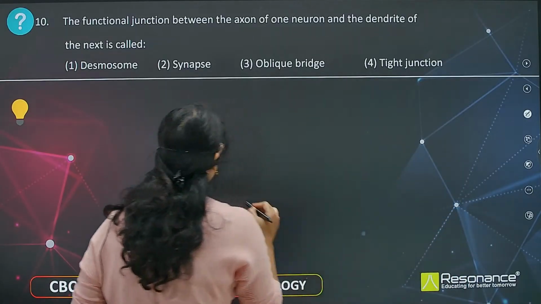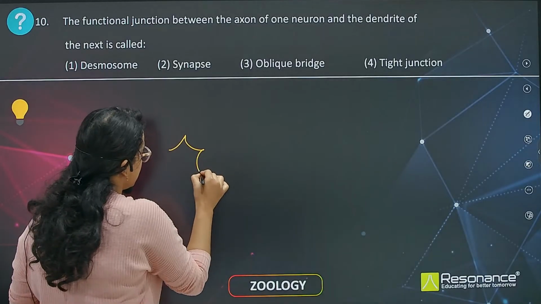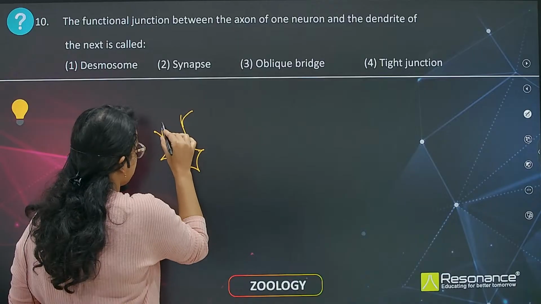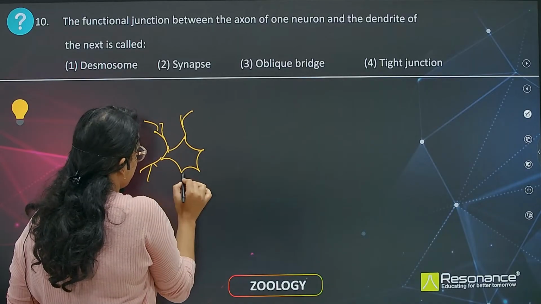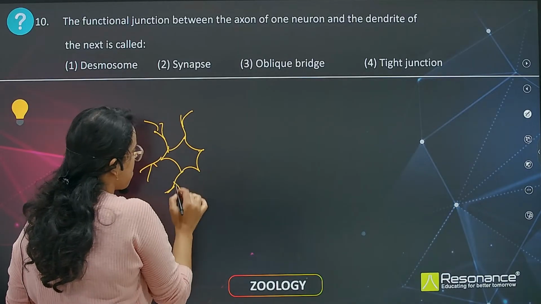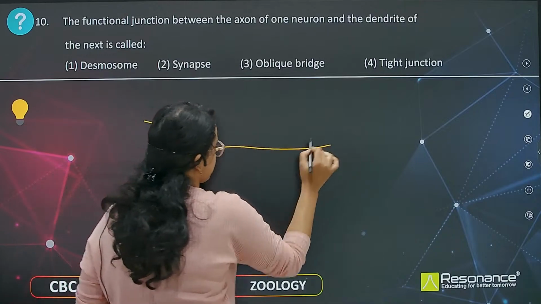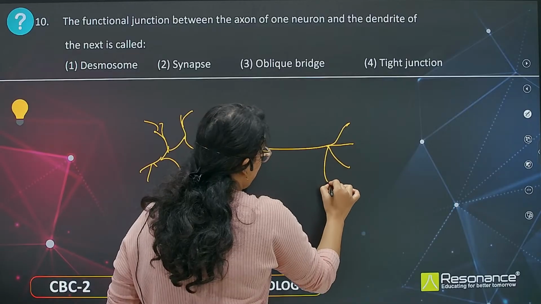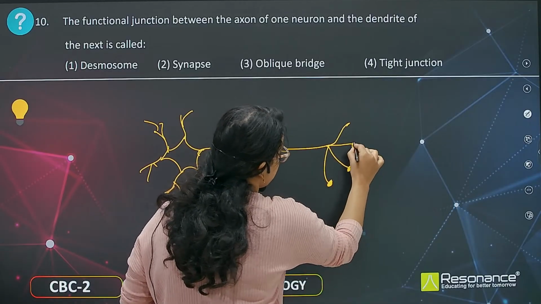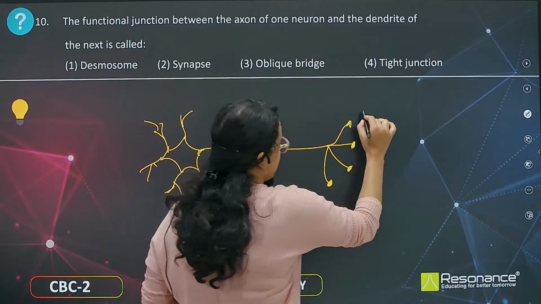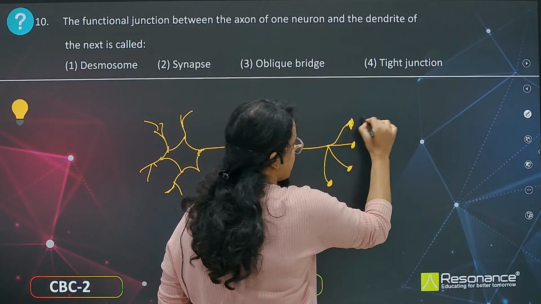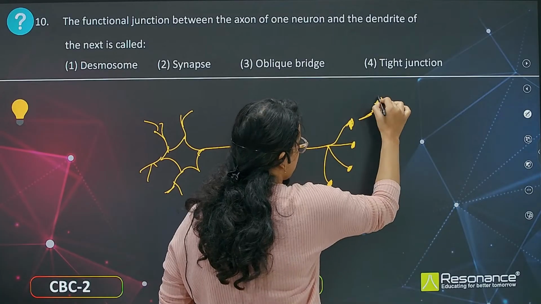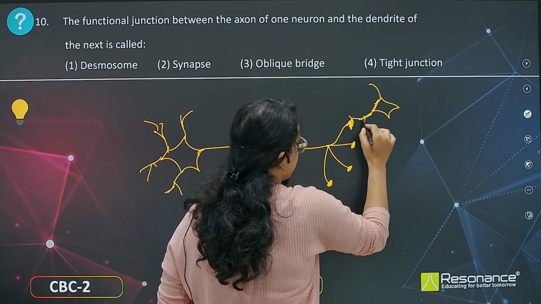If we look at the nerve cells, the dendrites are the branches and axons have terminals. So one neuron is connected to the other neuron. How?